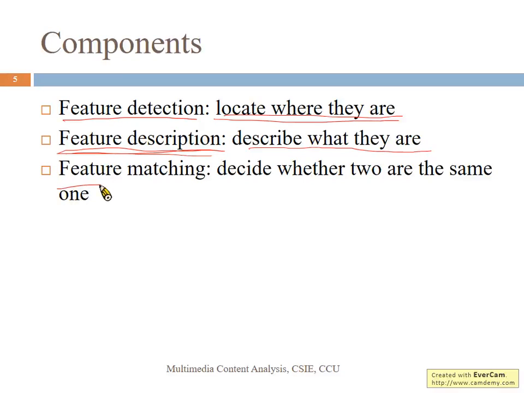We also need to do feature matching. That is, we need to decide whether two features are the same or similar, such that we can compare different images. We can find specific local feature points in order to detect specific objects.